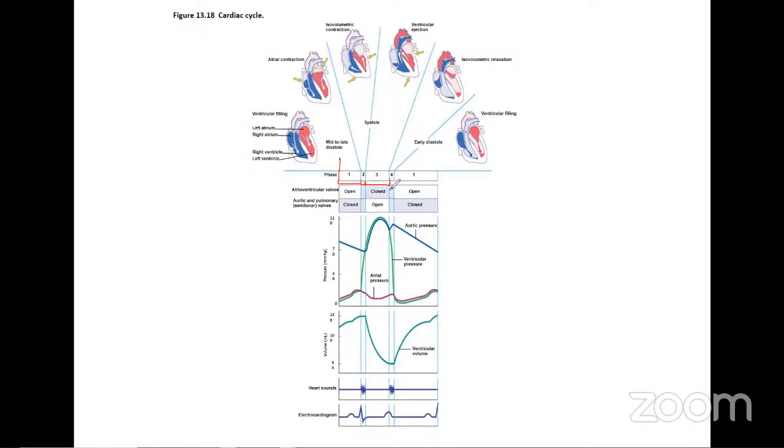Okay. And then the heart starts to relax, specifically our ventricles are relaxing for a period of time. All of our valves are closed, so we have isovolumetric ventricular relaxation until we see the pressure in the atria greater than the pressure in the ventricles, when we loop back to the ventricular filling and then start that next heartbeat.